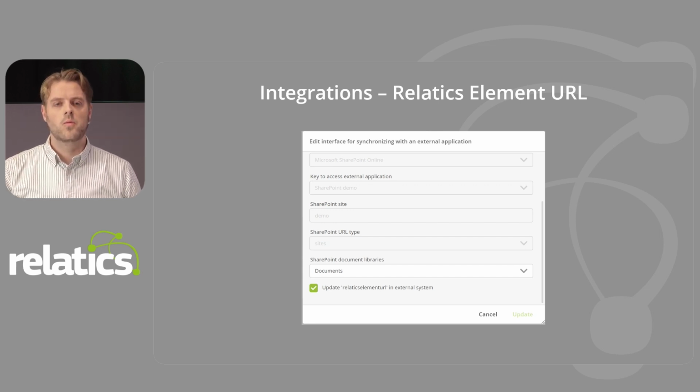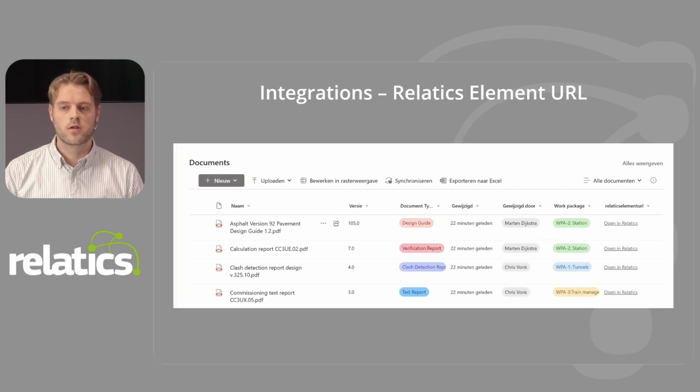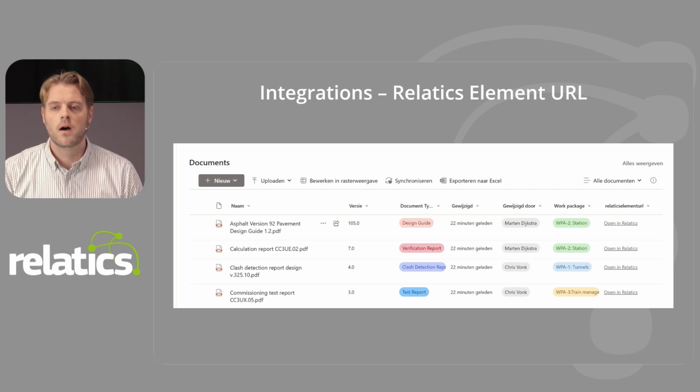In layman's terms, we are sending out a Relatics hyperlink to that external system, which allows your SharePoint administrator to actually add a column into Relatics, as you can see on the right-hand side, a column that shows you a Relatics hyperlink and allows users to click on that link to be immediately brought to the page of that specific document from SharePoint.